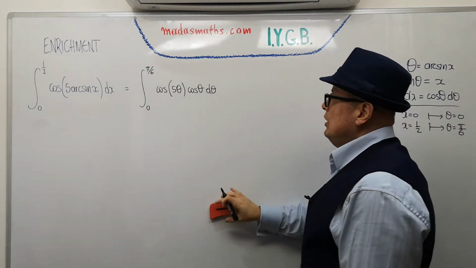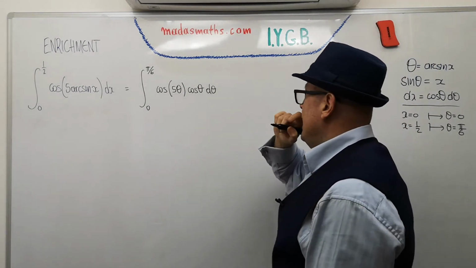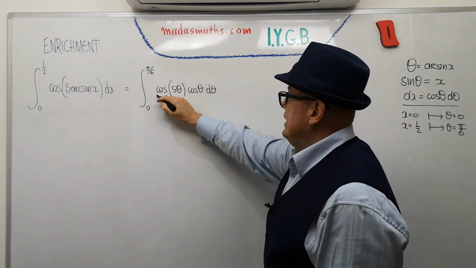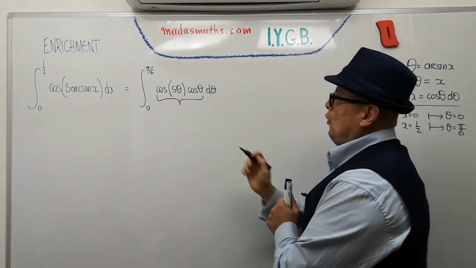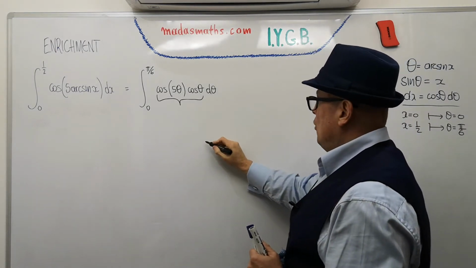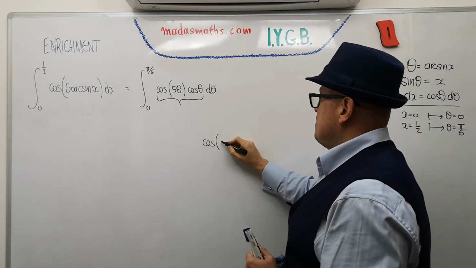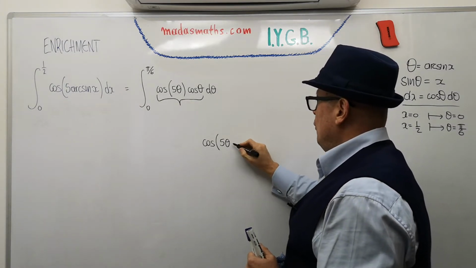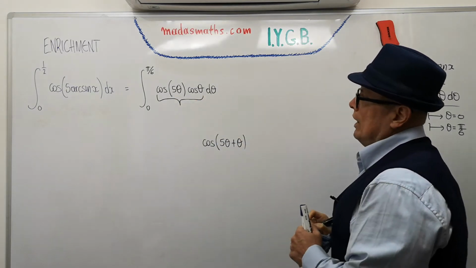But if they don't, or if we don't have access to that, this is how we deal with an integrand which looks like this. Well, the product of cos 5 theta cos theta comes from the compound angle expansion of cos of 5 theta plus theta. It will produce something which looks like that.